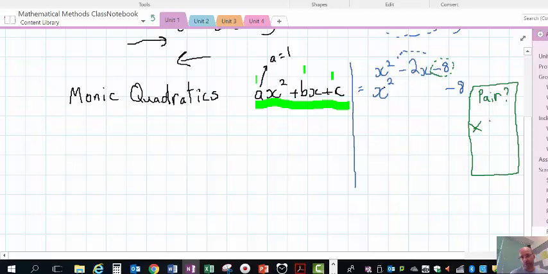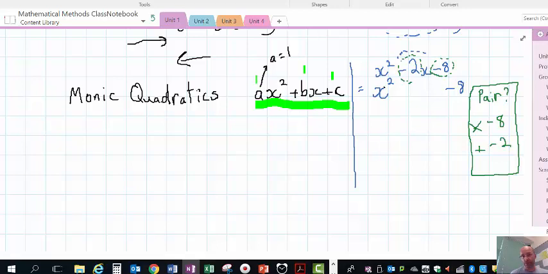So it needs to multiply together to give -8, and it needs to add together to give the value of b, which is -2. Can you think of two numbers that multiply together to give -8 and they also add together to give -2? Pause the video and have a think.